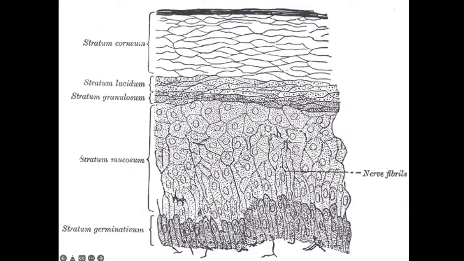The first layer is called stratum germinativum. And for this one, some say stratum basale, meaning the basal layer, and then we have a stratum mucosum, and a stratum granulosum here.